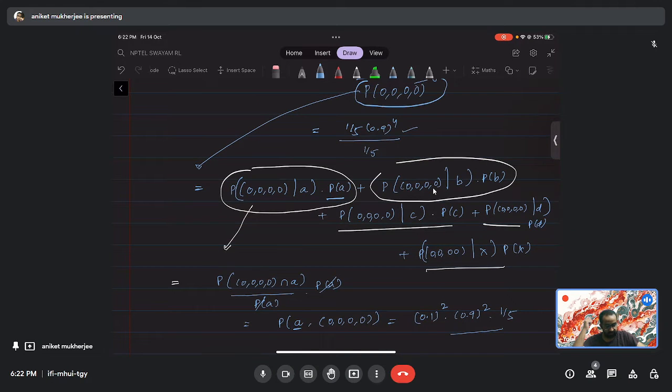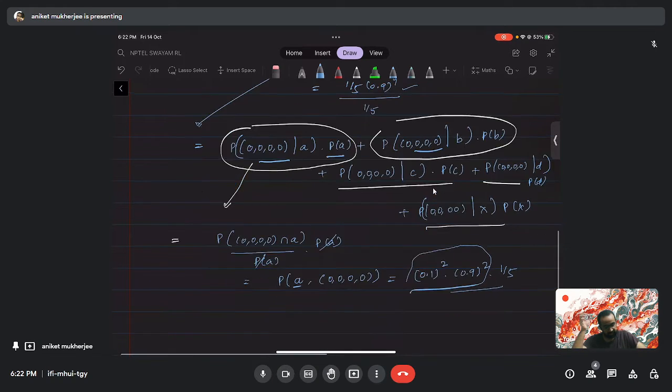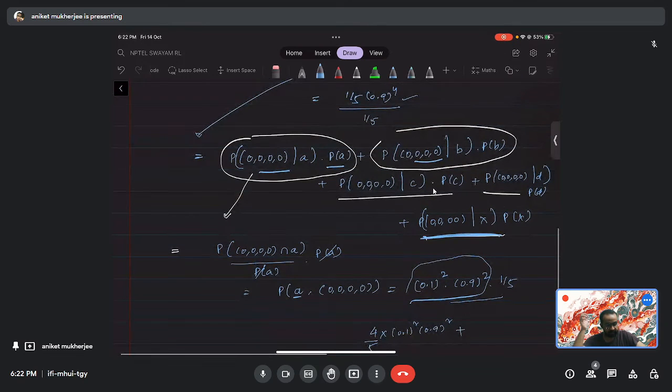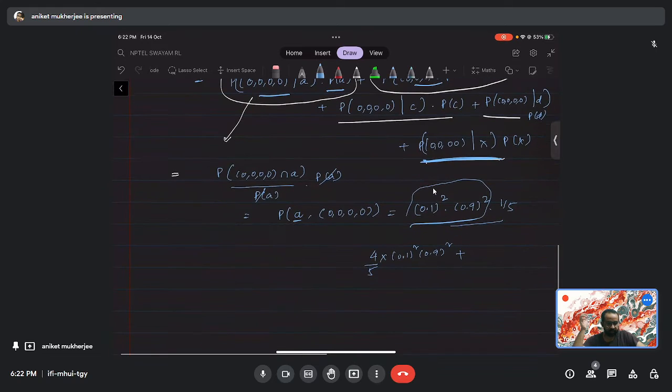So you see that I think everything would get the same value because 2 are wrong. So it will be 4 into 0.1 square and 0.9 square, divided by 5, plus this X term, which is 1 by 5 times 0.9 power 4.